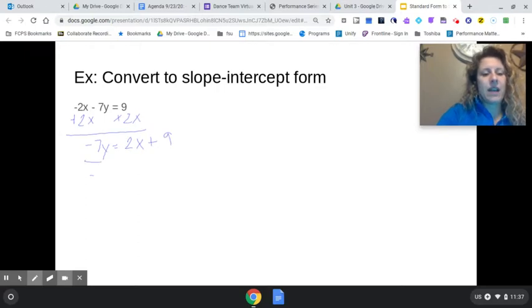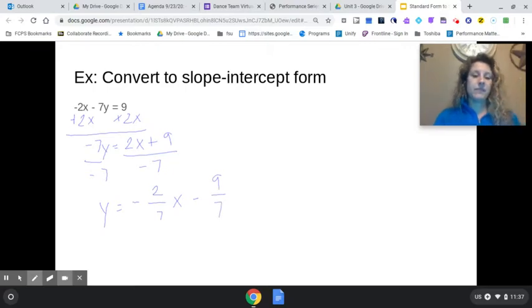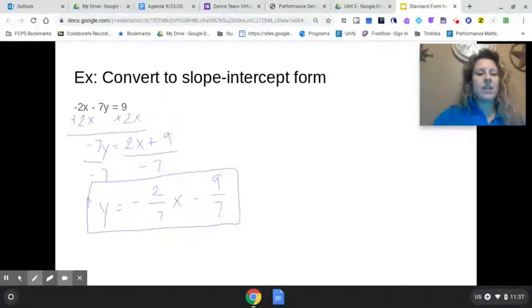Then we're going to divide both sides of the equation by negative 7. And we get y equals negative 2/7 x minus 9/7. Okay, neither of those fractions can reduce any further, so that would be my equation in slope-intercept form.